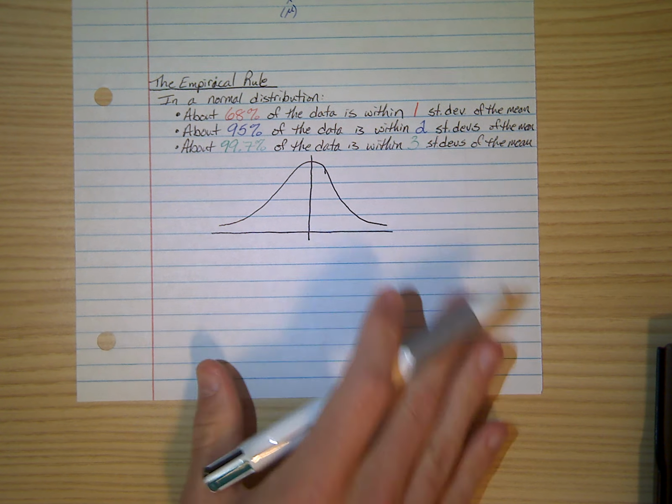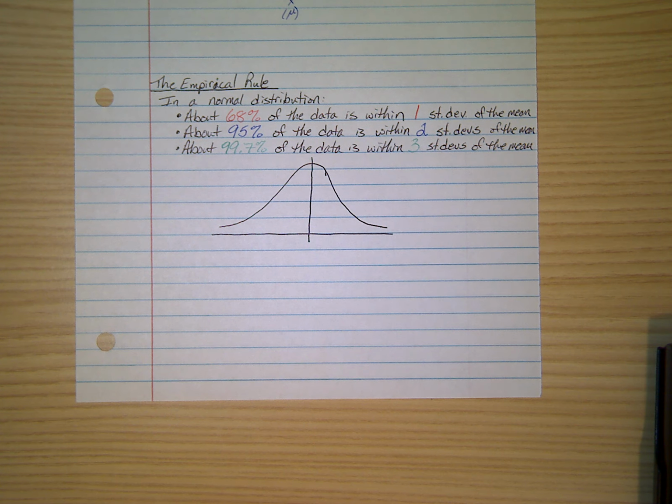There's something called the empirical rule, which states that within a certain number of standard deviations, a certain amount of data is occurring.